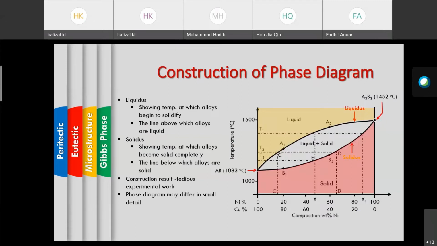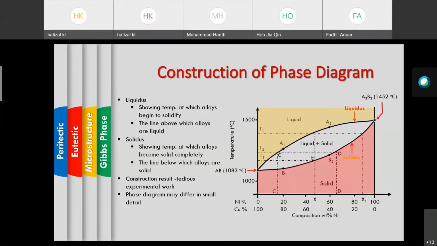Okay, so in this case there is a complete phase diagram. You can see there is a different composition starting from 0% of nickel, and then up to 100%.